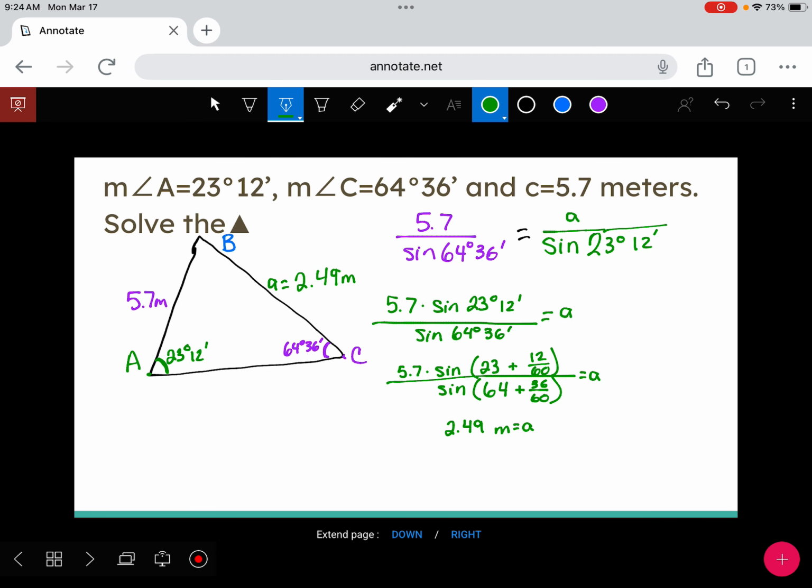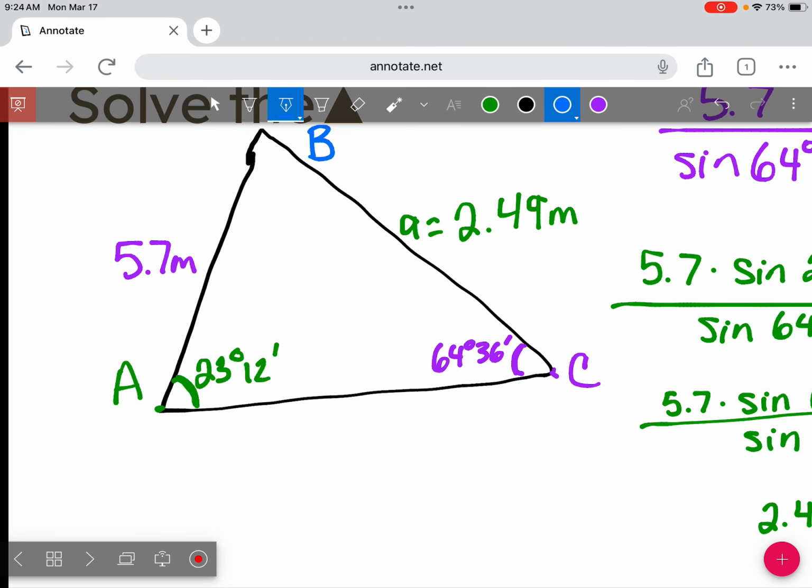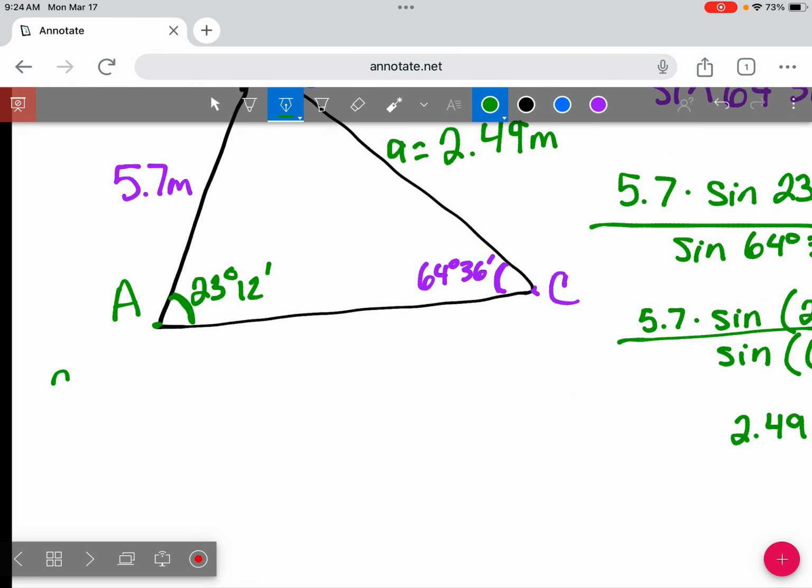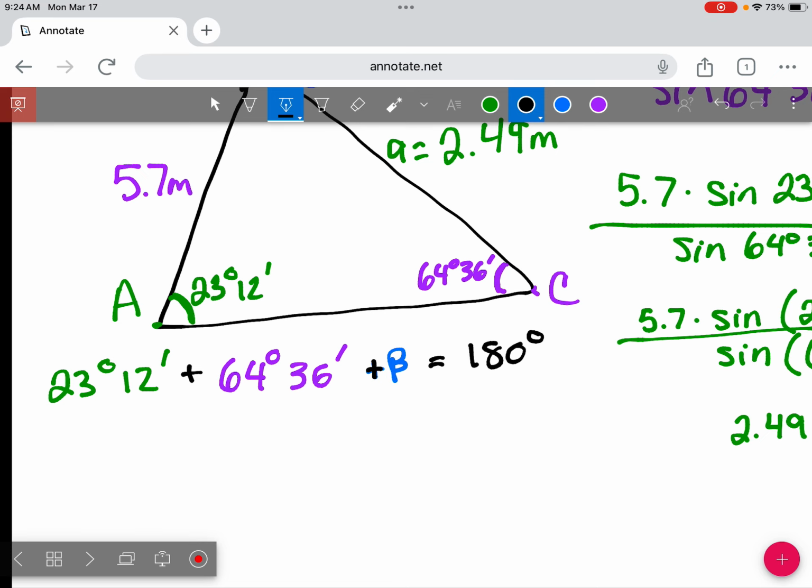What can we do next? We can find beta. Again, I know all the angles inside a triangle add up to 180. So we know that our 23 degrees, 12 minutes, plus our 64 degrees, 36 minutes, plus whatever beta is going to be, needs to equal our 180 degrees.